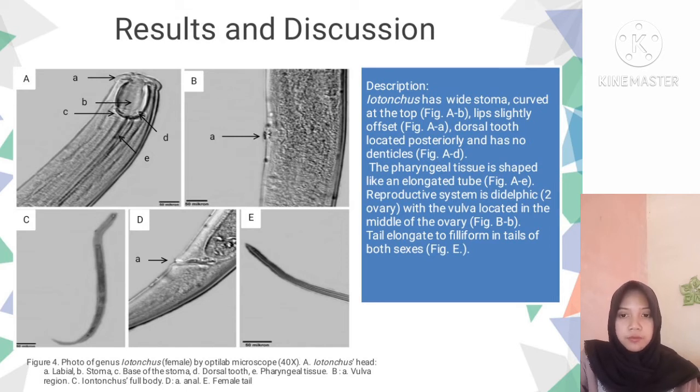The position of the vulva is 49 to 55% from the anterior. The tail extends toward the filiform with a length ranging from 122.2 to 352.26 micron.